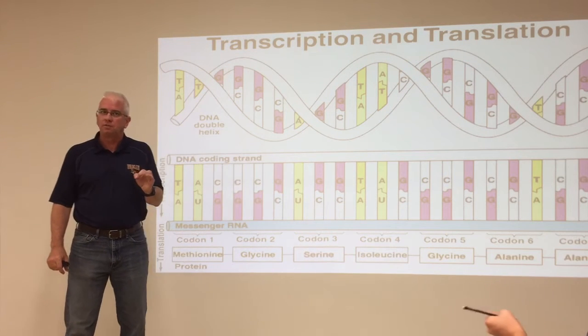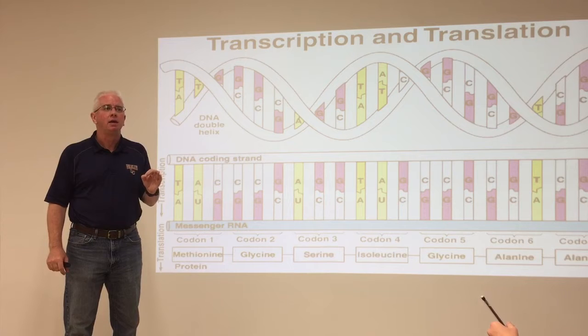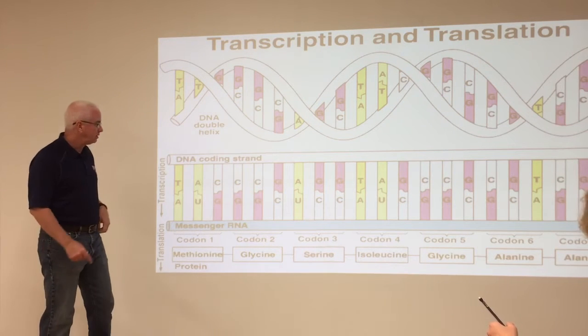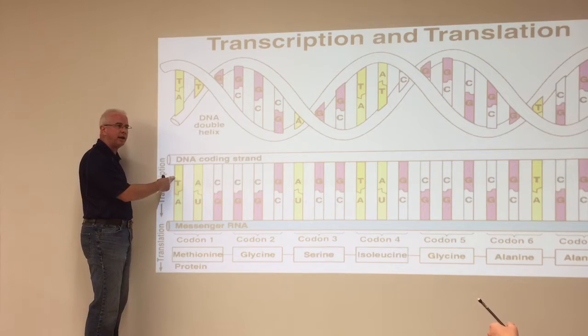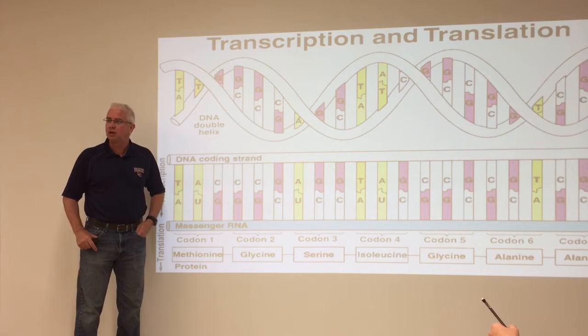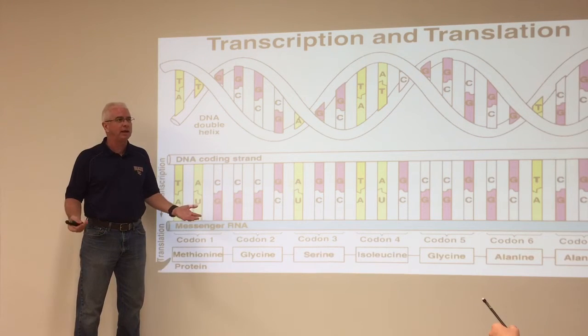Here's the difference. The copy made in biology is not a letter-for-letter copy. Instead, it's a coded copy. Every time there's a T on the DNA, the cell copies A. Now, can you explain that? It's the same explanation I gave just a moment ago for the replication process.